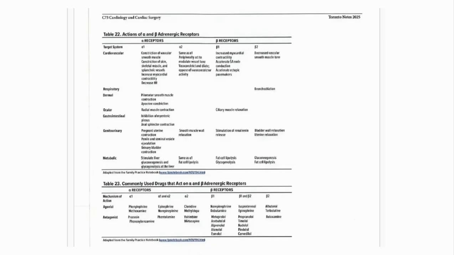Metoprolol and atenolol are cardioselective beta-1 blockers. Albuterol is the prototypical beta-2 agonist for asthma. Epinephrine stimulates alpha and beta receptors and is the first-line treatment for anaphylaxis and cardiac arrest.